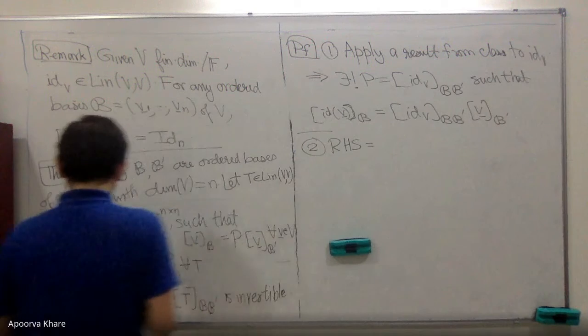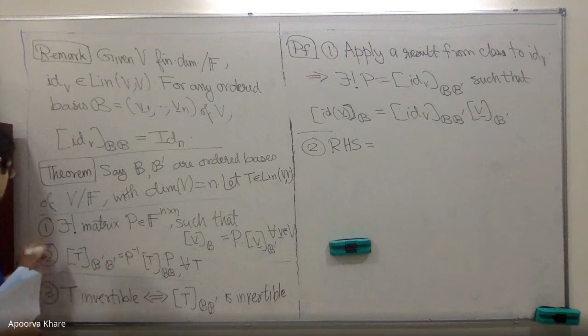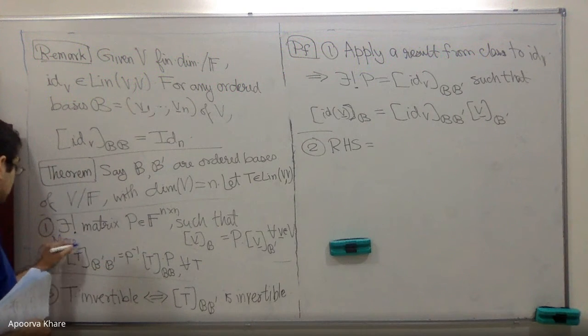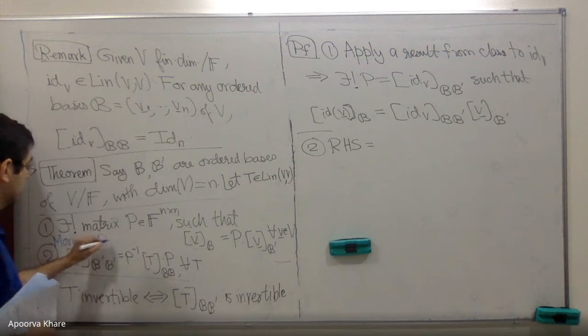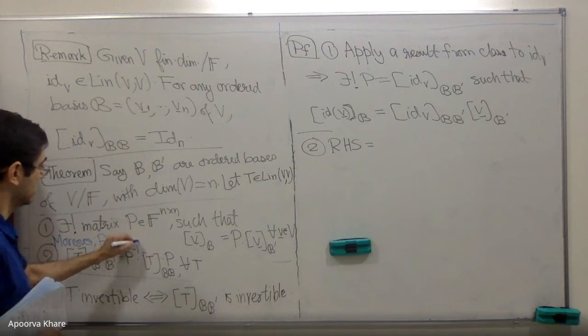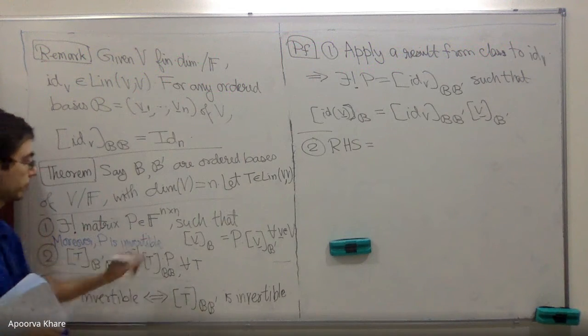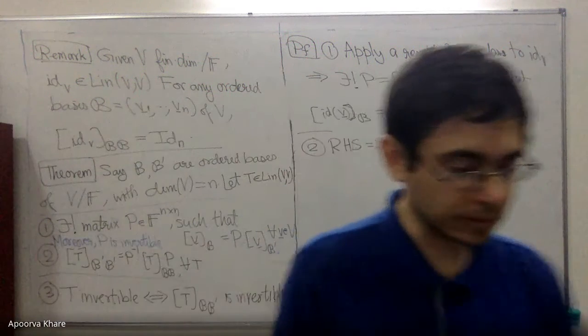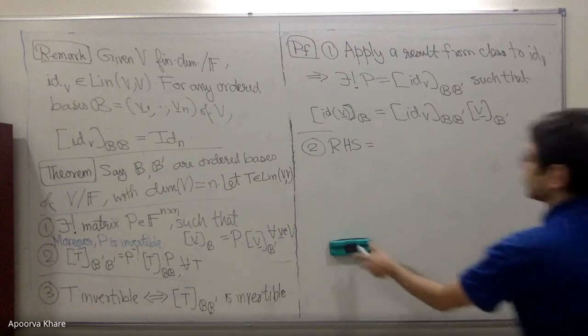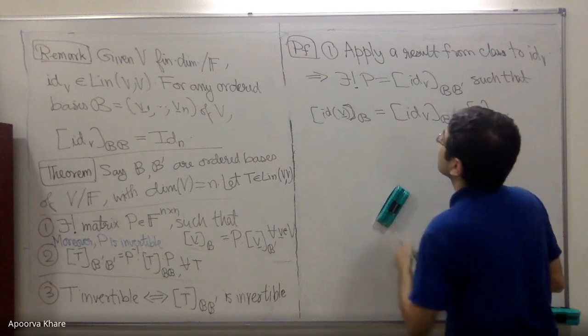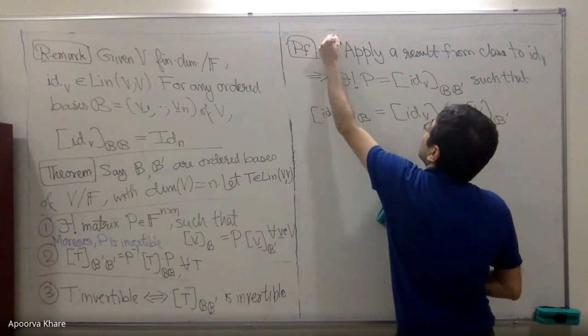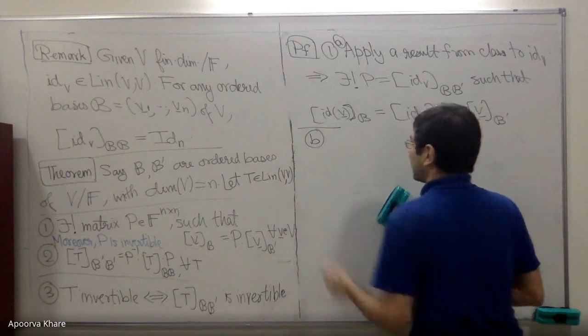Moreover, P is invertible. How do I know P inverse exists? So how do you prove P is invertible? That is the last part, then you can prove part two. This is sort of part A. Part B, why is P invertible?